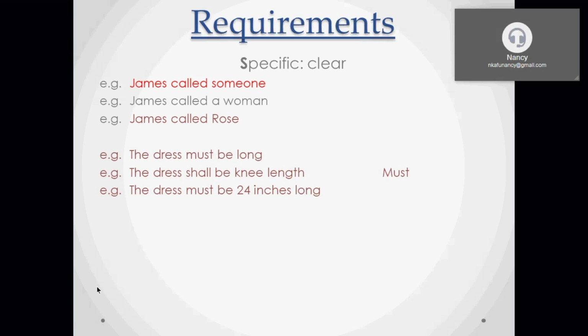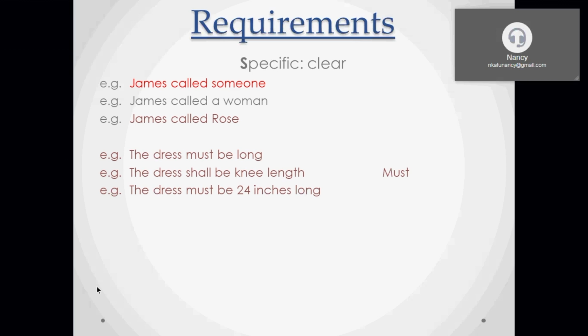Then you can say the dress must be 24 inches long. If you look at this, which one do you think is right? The dress must be long, the dress shall be knee length, the dress must be 24 inches long. So 24 inches long is telling me about the length of the dress, how long it should be, because the knee length could be above the knee, it could be below the knee, you understand?